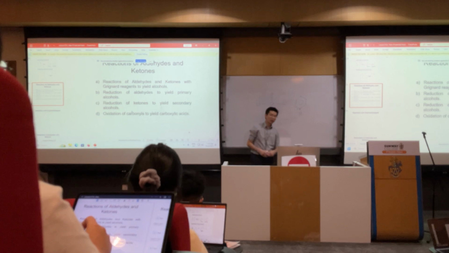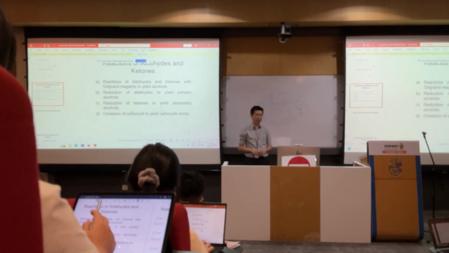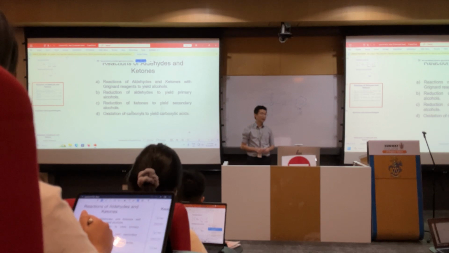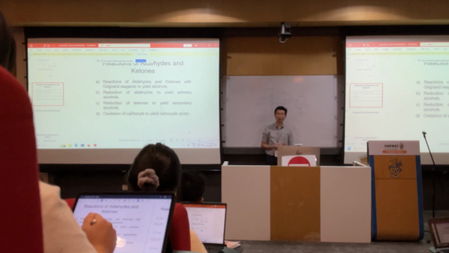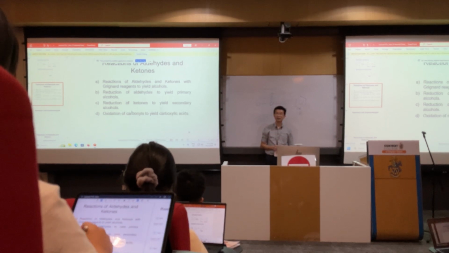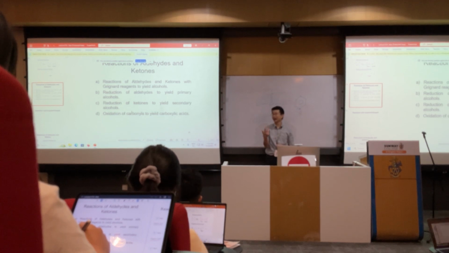Okay, so now we'll go for the reaction of aldehydes or ketones. As you learned through the previous lecture, how do we obtain alcohol from Grignard reagent? First of all, we have the alkyl halide, right?